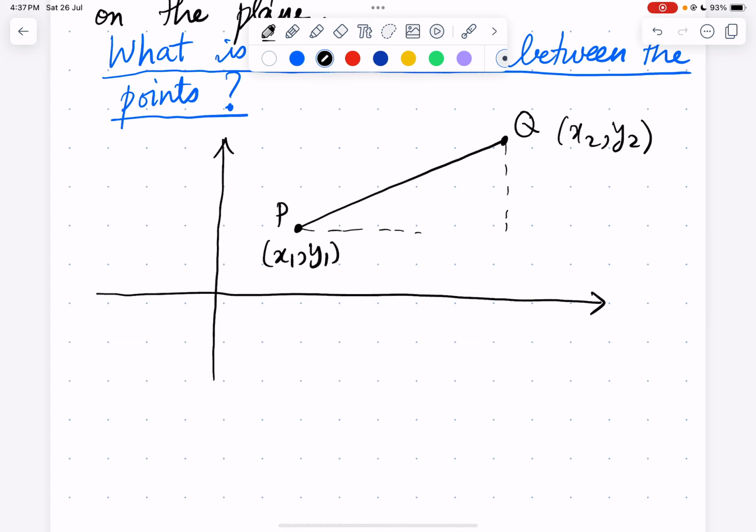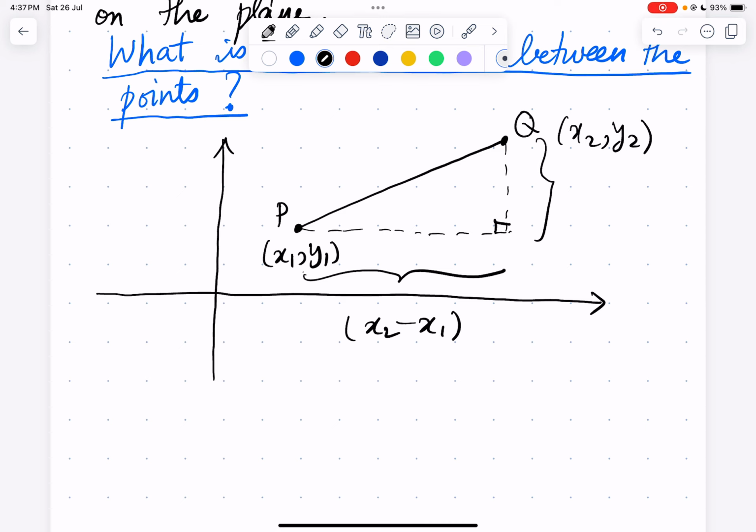So we can draw this right angle triangle. So one leg of this right angle triangle is, in this picture, x2 minus x1, and the other side, the height, is y2 minus y1.